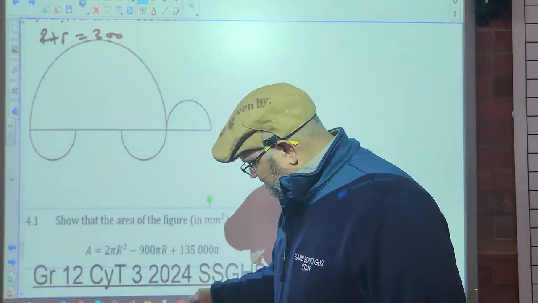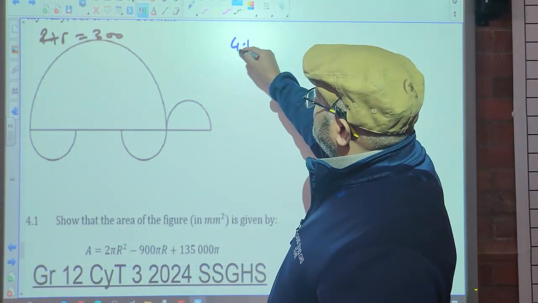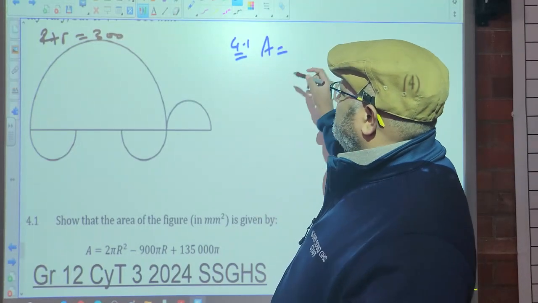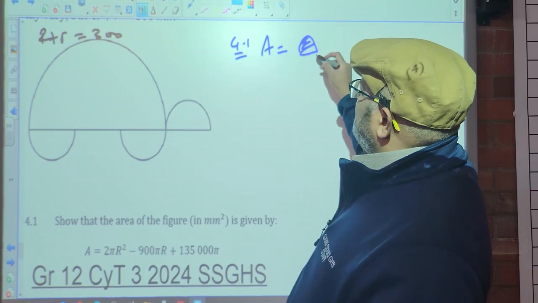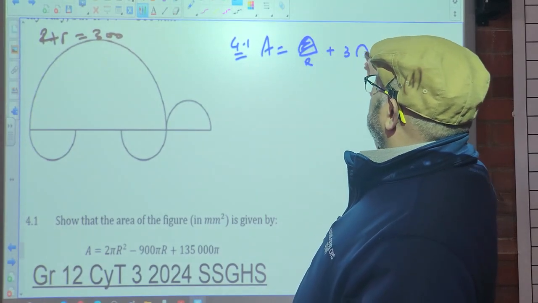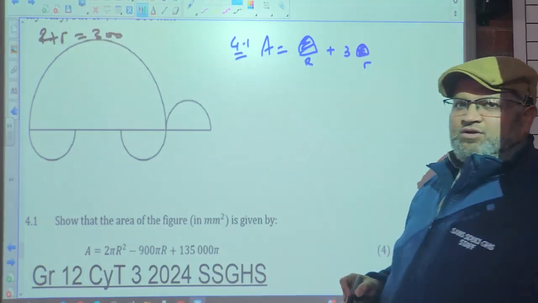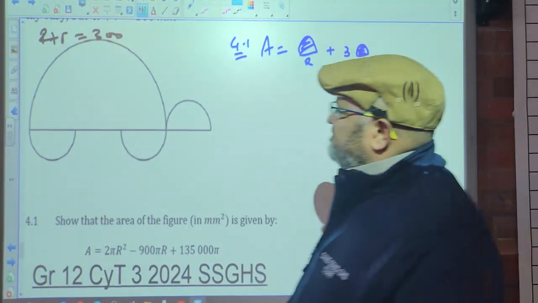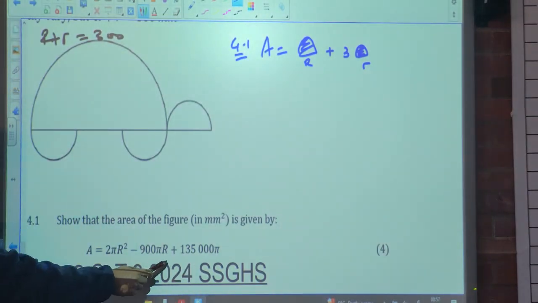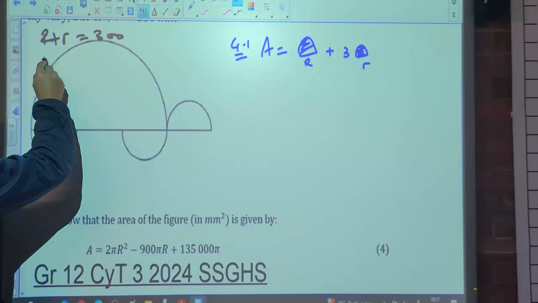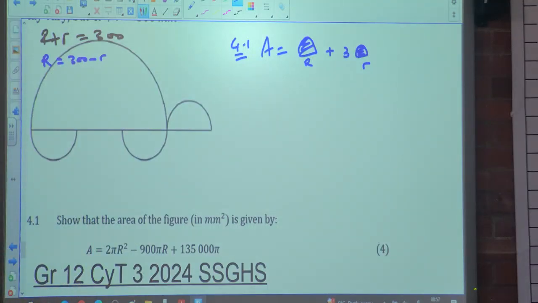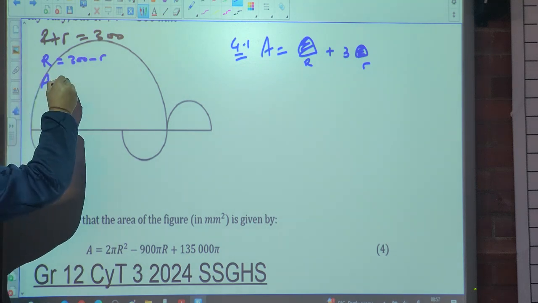Alright, so we start by saying that the area of this shape is going to be, of course, the semicircle with radius R, plus 3 semicircles with radius small r. So what happens is, they want it in terms of uppercase R or capital R. So lowercase r is equal to 300 minus capital R. How do you calculate the area of a circle?